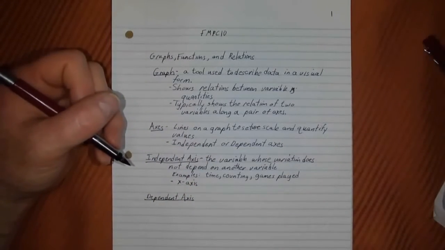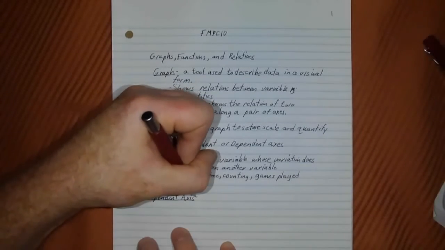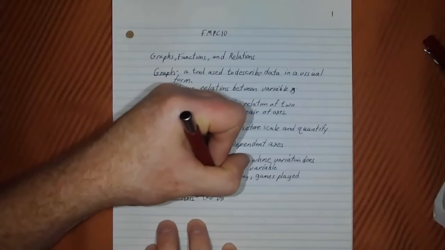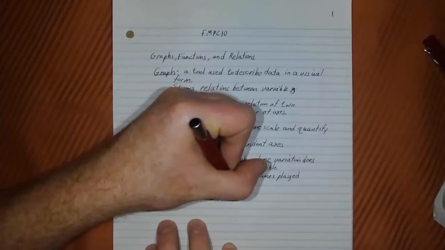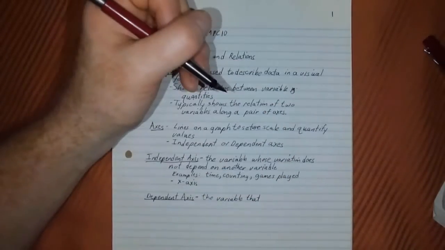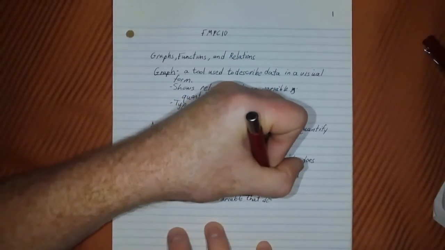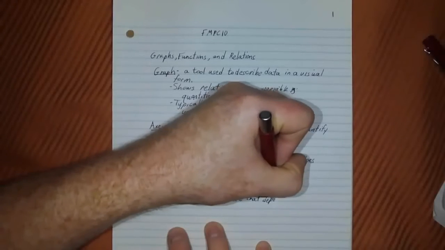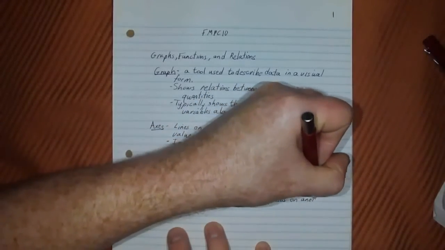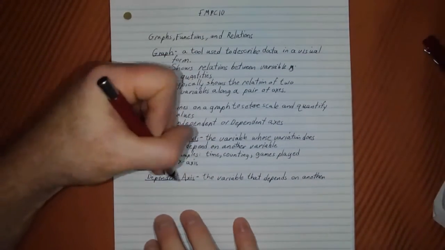The dependent axis. The variable that depends on another variable.